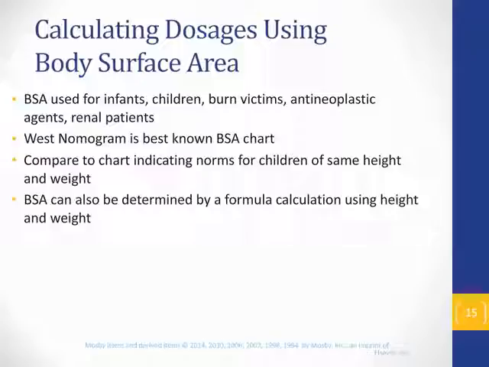Or you can use a formula to find out the body surface area rather than using the chart. You'll notice that using the chart is a quick, fast way to find the body surface area, so that you can plug this number into the formula just like you plugged in the kilos.